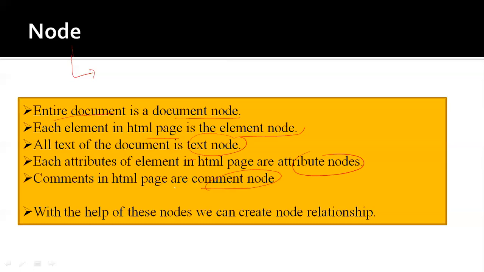So everything, whether it is a text, an attribute, an element or comments, is treated as a node. And with the help of these nodes, we can create node relationships.